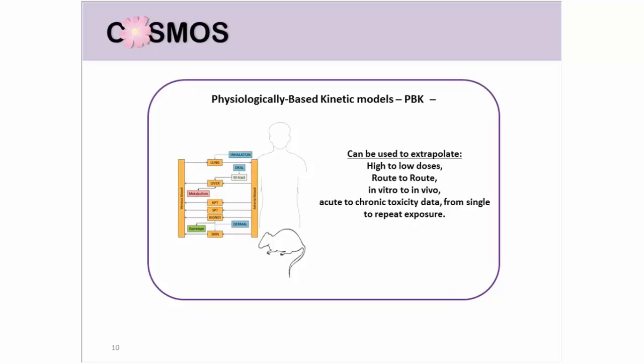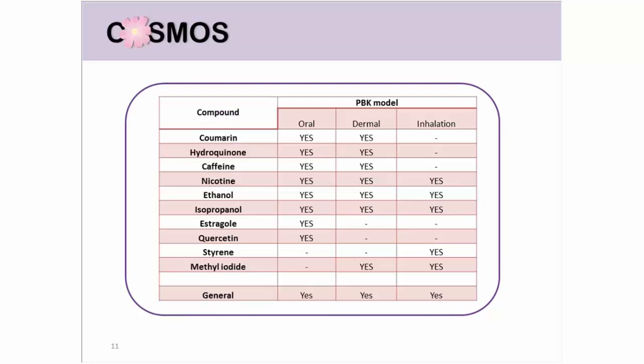It's also used for acute and chronic exposure, and from single to repeat exposure. So in the Cosmos project, we developed PBK models for all of them, including inhalation, so for the 3 different types of intake routes, and for 10 different compounds that are listed in this slide.